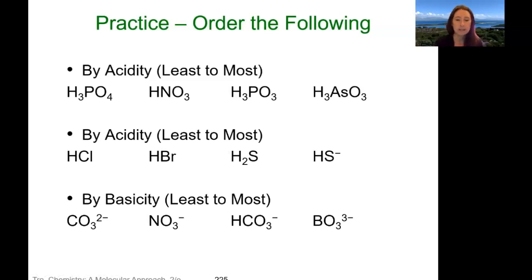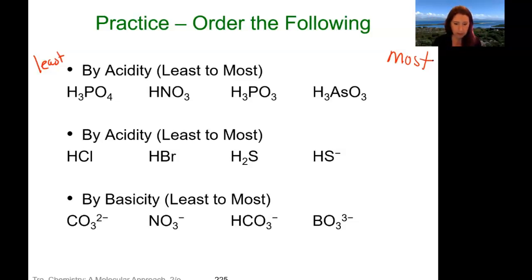So least to most. So least acidic, most acidic. Okay, so if we look at this, there's a few things we can look at. You have to have the periodic table in front of you here. You can't see it unless I literally put it in front of my face.